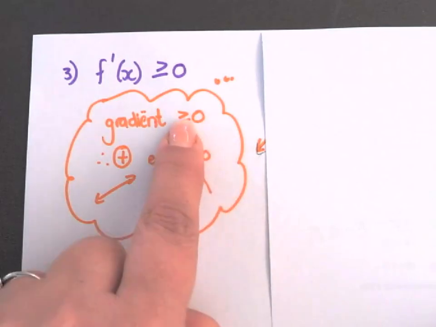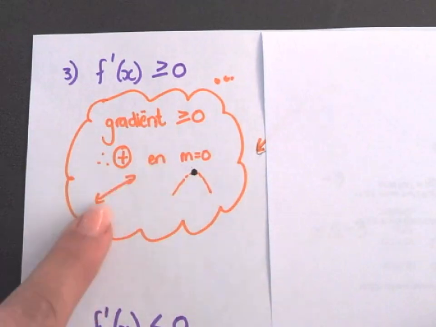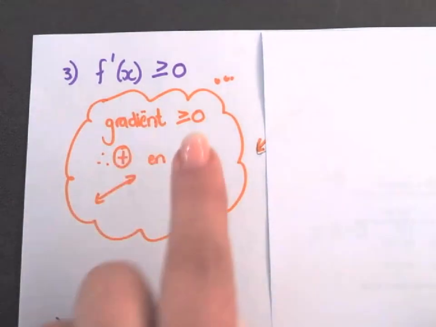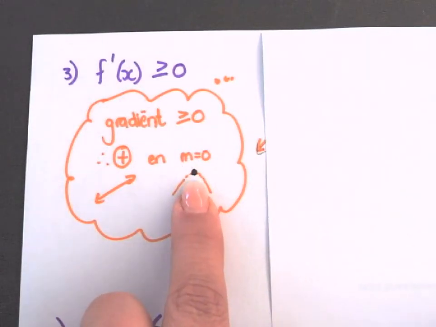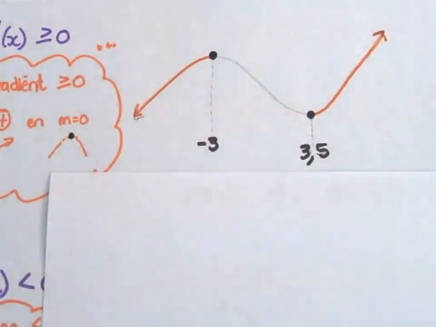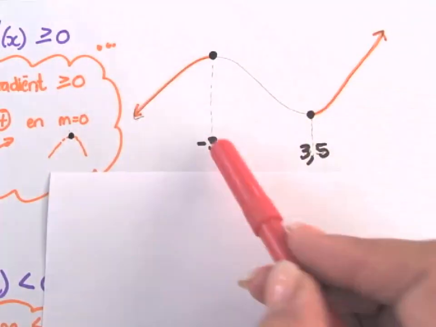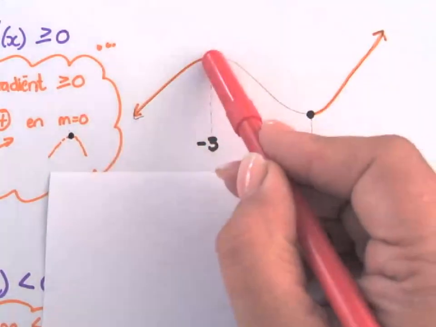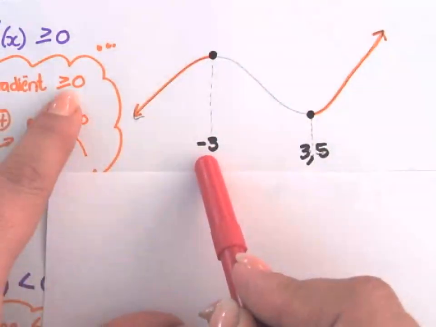Now, larger than 0 means positive, so I'm looking for a graph that goes up. Equal to 0 means it's a turning point, so I'm looking for the turning point as well. There's my graph. There are my turning point x values. So where is the gradient positive? Smaller than negative 3, but it includes negative 3 because I want the turning point as well.